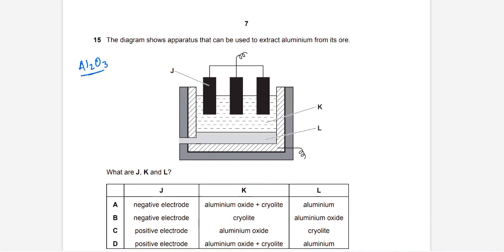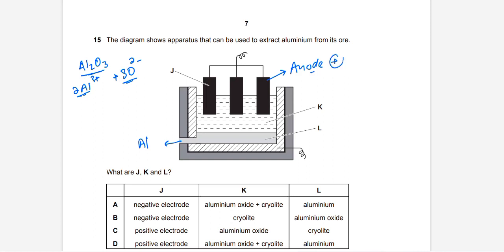This is used, so it forms 2Al3+ and 3O2-. Simply I'm just telling. So aluminum has to be removed from here in the liquid form. So that's why the cathode can never be over there. The cathode has to be here. So what would it be? It will be anode.